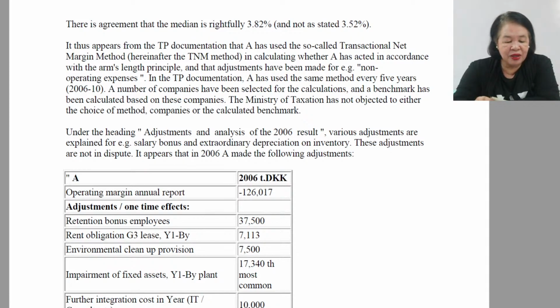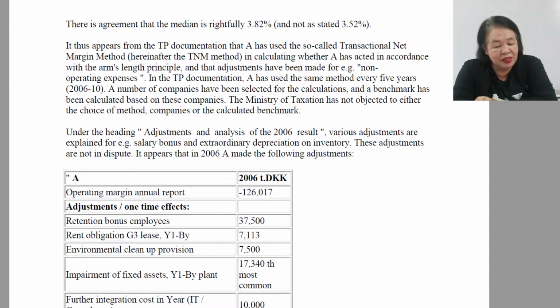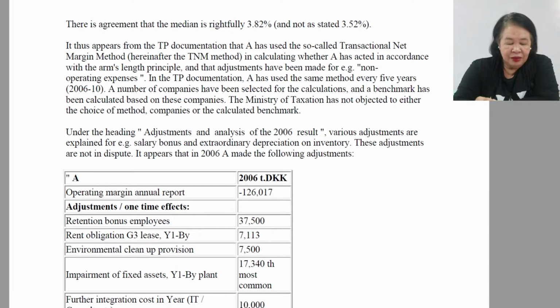And a benchmark has been calculated. Anong benchmark? Ito na yung gagawa ka na ng arm's length range nila, no? And a benchmark has been calculated based on these companies. The Ministry of Taxation has not objected to either the choice of method, companies, or the calculated benchmark, no? So walang objection yung tax authority.